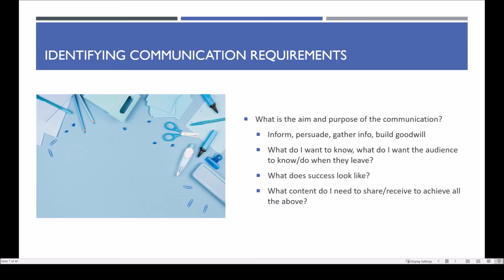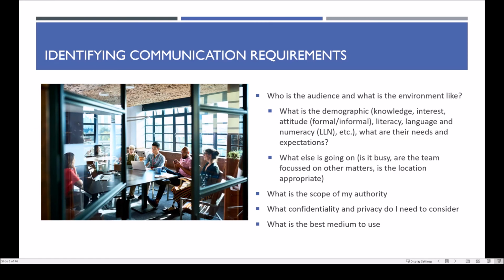And I touched on understanding the audience, but let's look at that in a little bit greater depth. Workplaces are diverse places, and I've talked about this in the diversity unit, where we're diverse individuals.